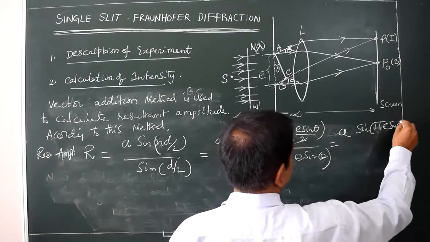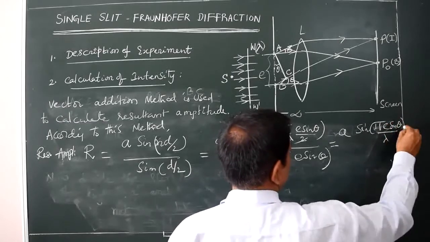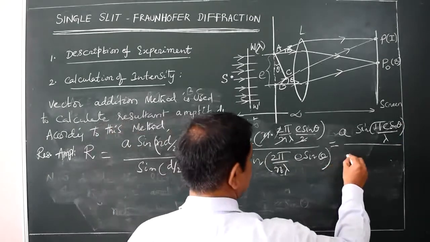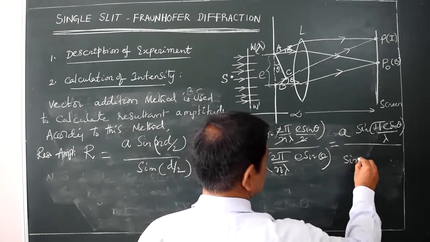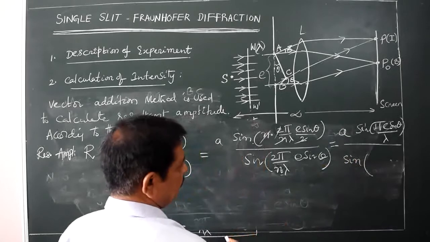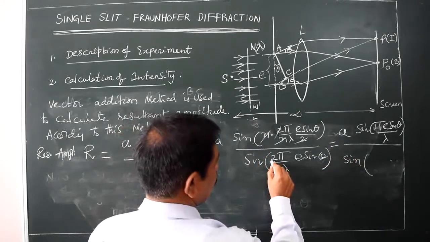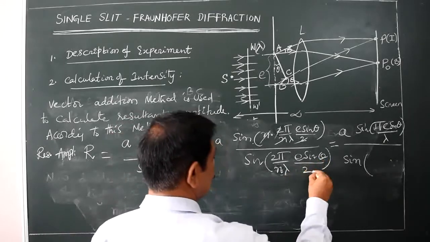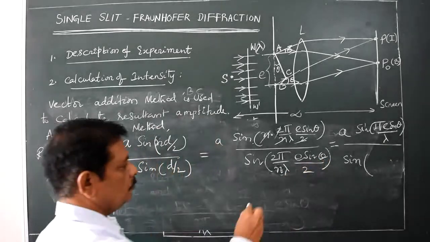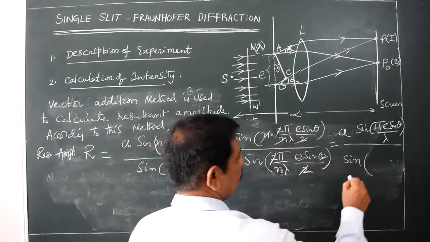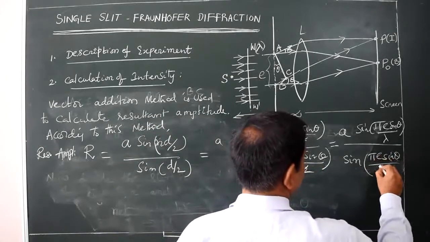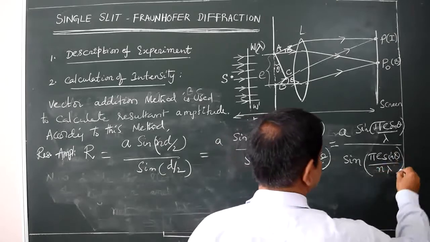divided by sin of what is left here: 2 pi e sin theta by n lambda. Here also the 2 gets cancelled because of d by 2, and what is left is pi e sin theta by n into lambda.